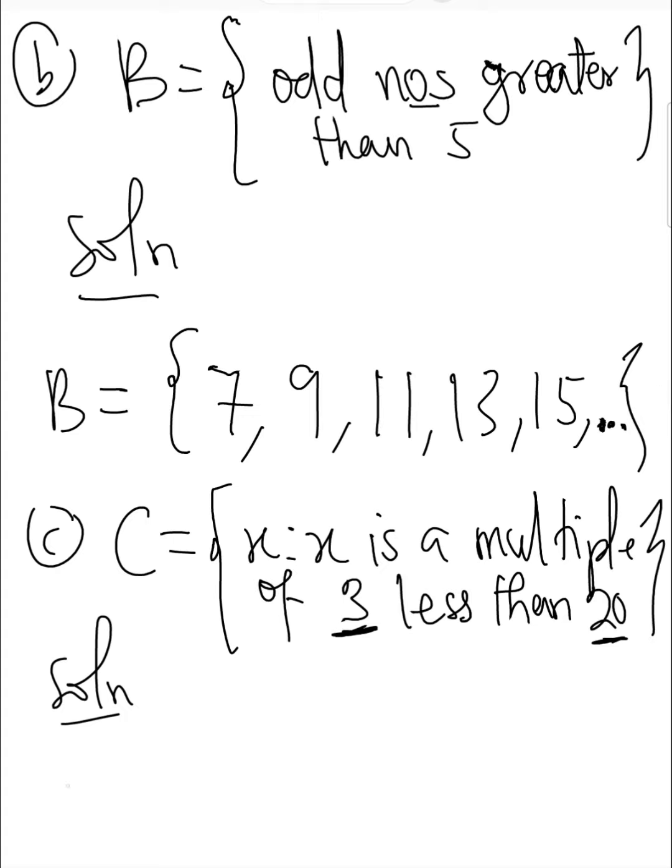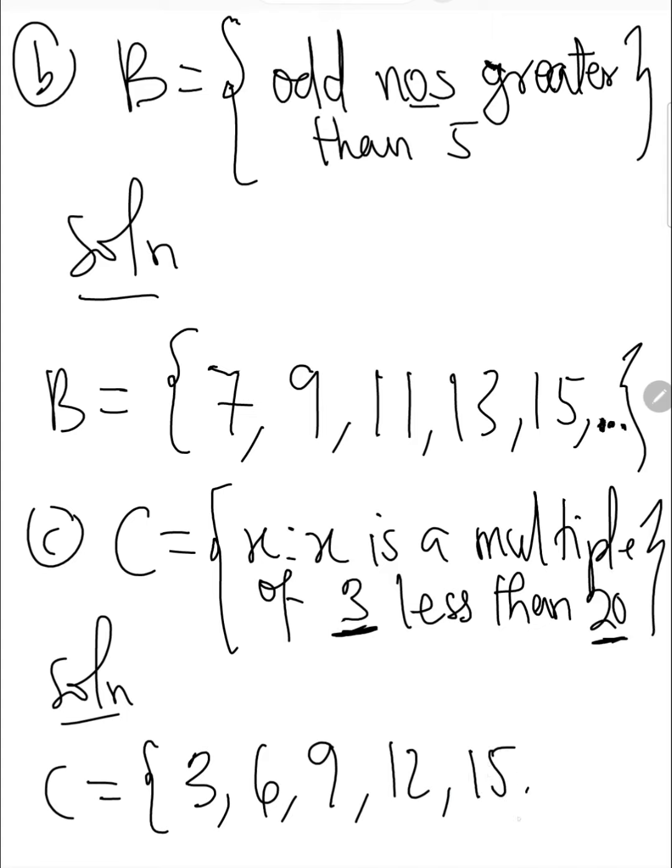Okay. So this C is, what are the multiples of 3? The multiples of 3 are 3, 6, 9, 12, 15, 18, 21, and on.